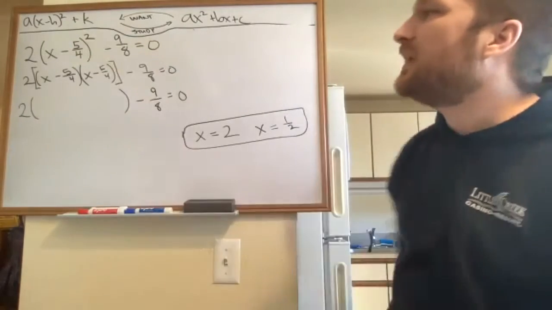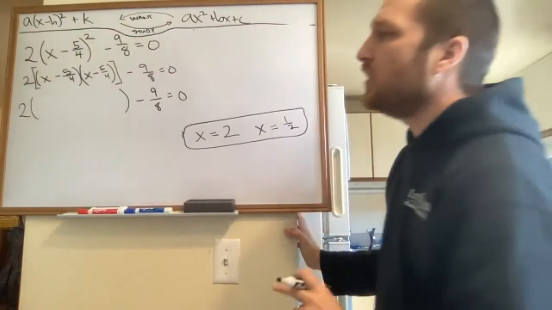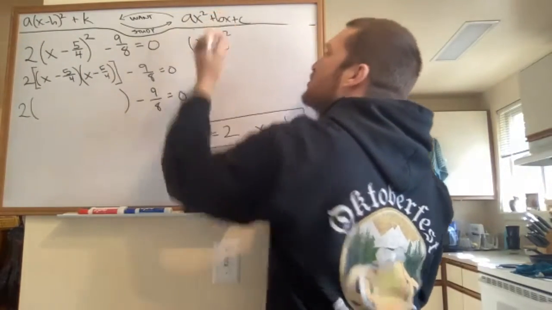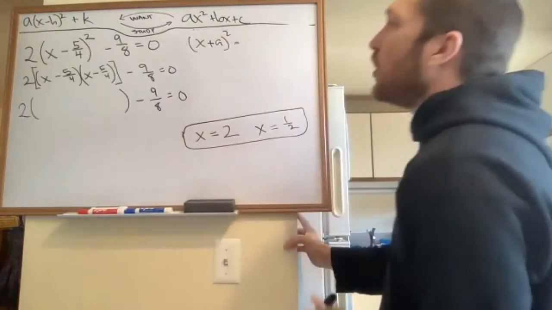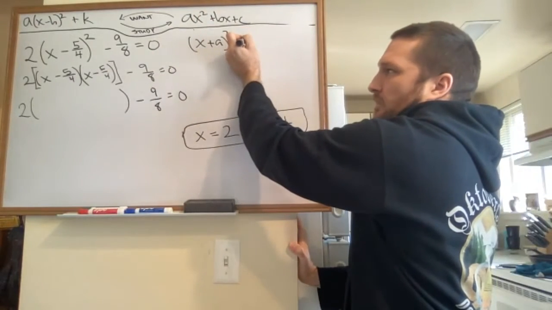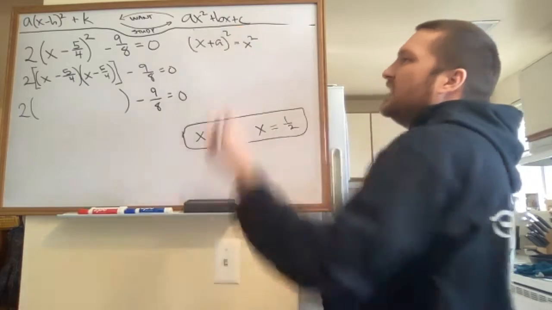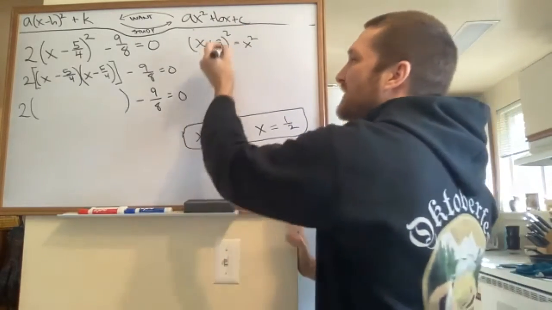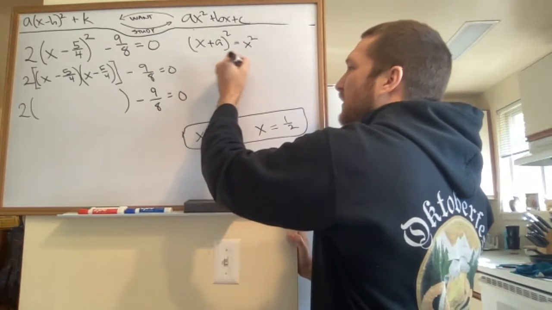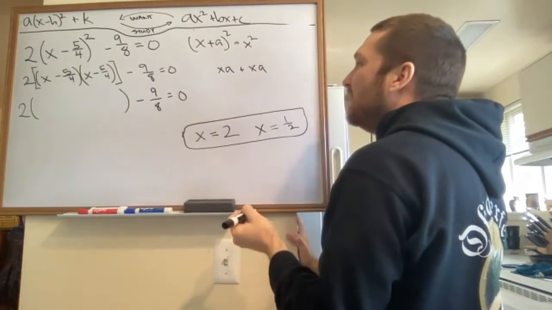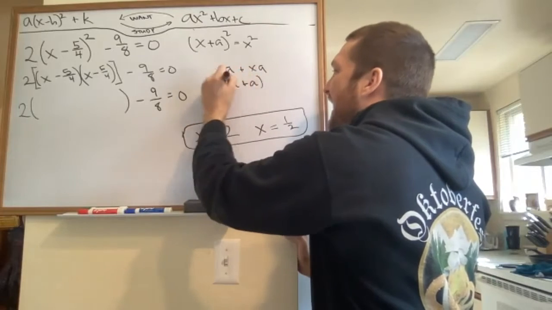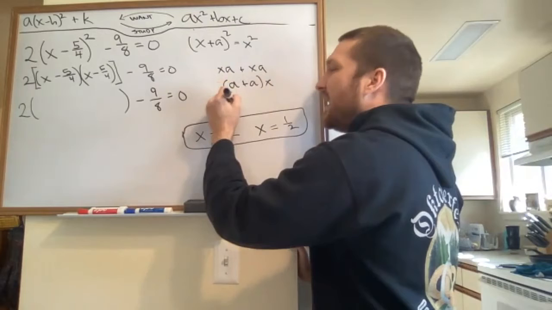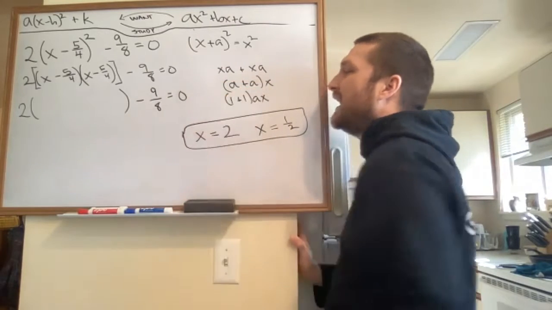Now, we notice something in the homework, right? When you take something, x plus a, say, and you square it, the first always comes out to what? X squared. The outer and the inner are always the same. So you have, in this case, x times a plus x times a. In other words, a plus a times x. That's 1 plus 1 times ax.